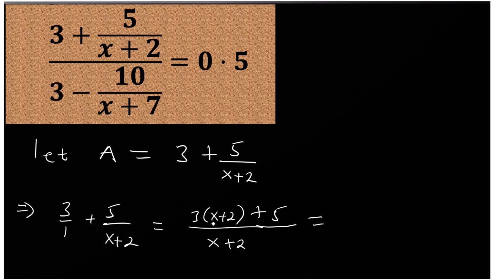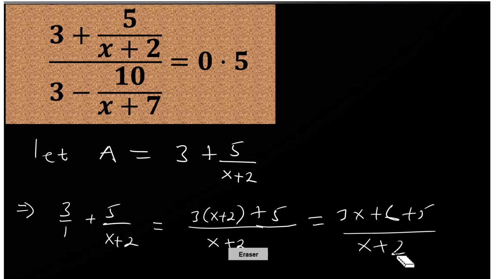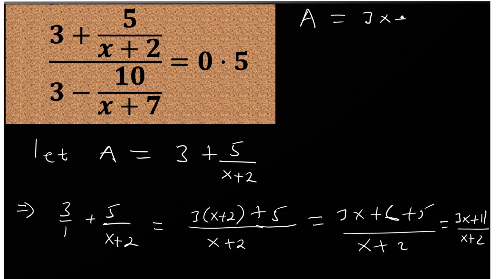So we have 3x + 6 + 5 over x + 2. So that will be (3x + 11)/(x + 2). So we have A as (3x + 11)/(x + 2).